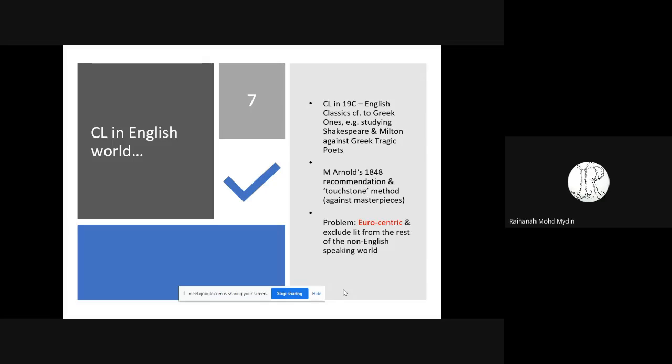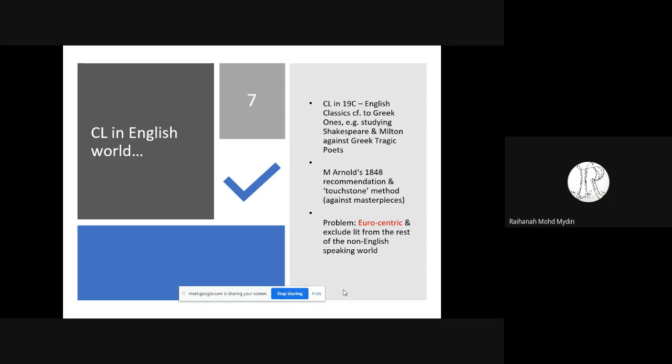So that's the idea of comparative literature within the English world in the 19th century. And this idea is also reinforced by Matthew Arnold in 1848 when he talks about using masterpieces as a touchstone.